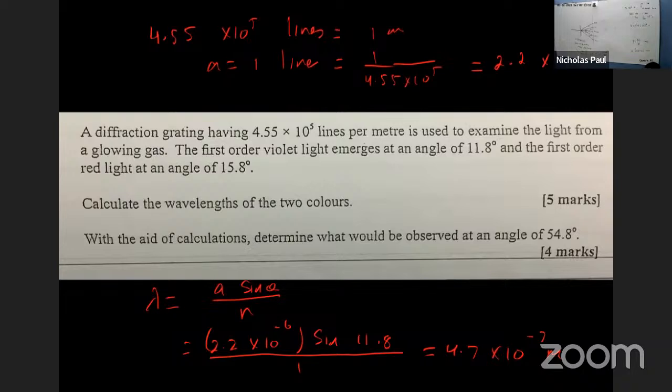To know about the wavelengths. 4.5 by 10 to the minus 7. Violet is around 400-something. Around there. Remember that the lowest is 400.